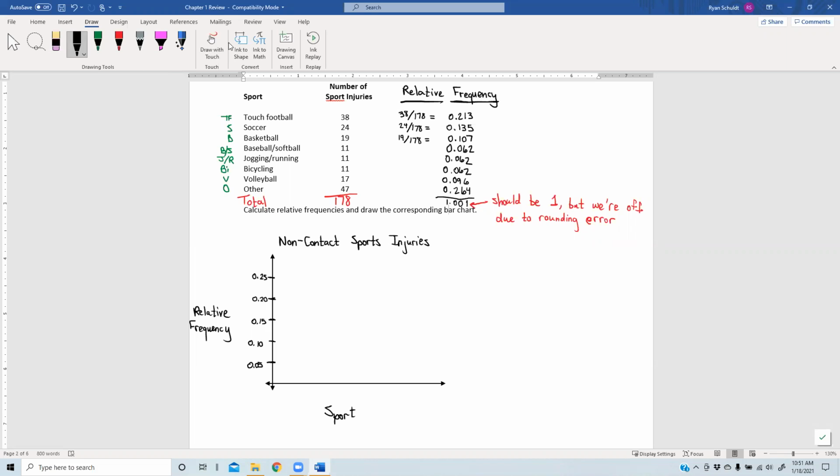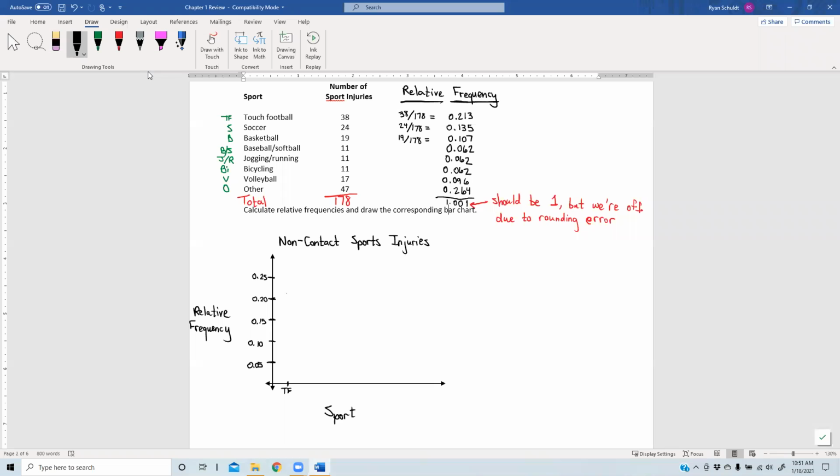Okay, so now for my axes here. So touch football. We're going to put him right here. And we need to be at 0.213.